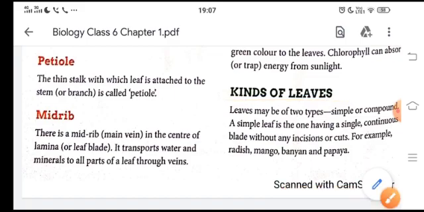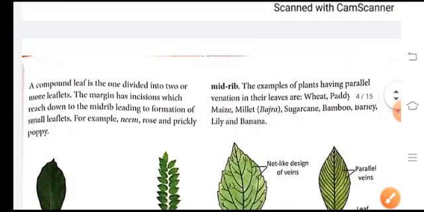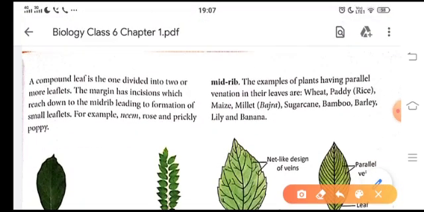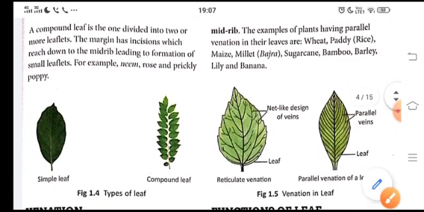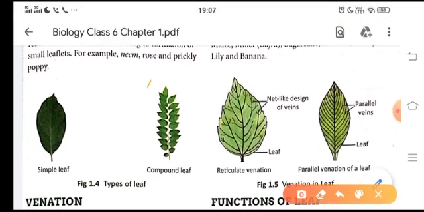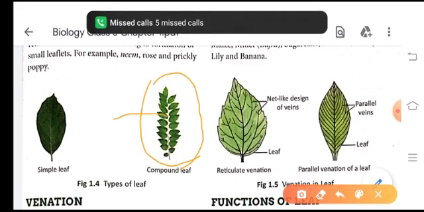Number 2 is the compound leaf. Children, see the diagram. The first diagram is of simple leaf and the second diagram is of a compound leaf. Children, compound leaf, as you see, has small leaves around it. Now these small leaves are known as leaflets.